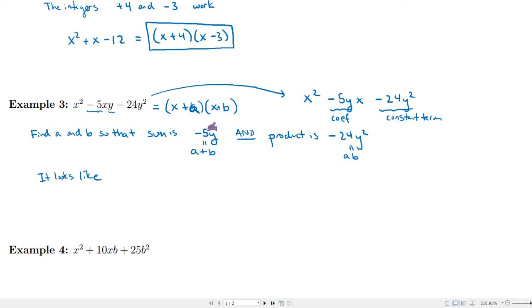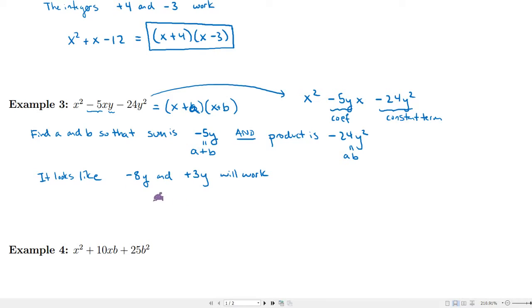If we're getting negative 5, then the larger factor has to be negative. So negative 8y and positive 3y will work. Okay, now let's see if those two actually work. If I add these two, adding the coefficients, we'd get negative 5, so negative 5y. And the product would be negative 8 times 3, which is negative 24, and then y times y is y squared. So this is definitely the solution.